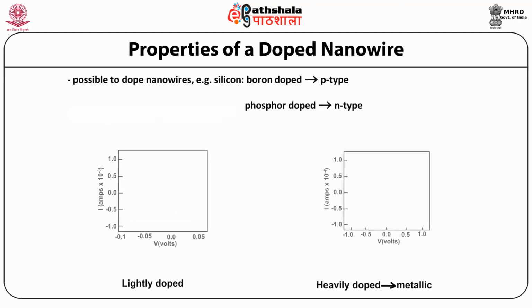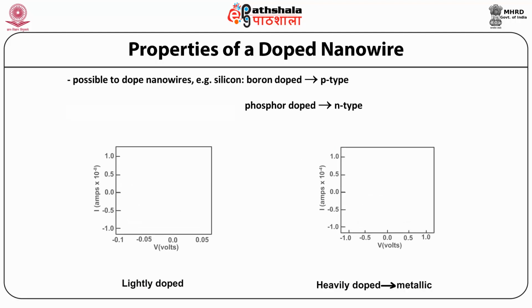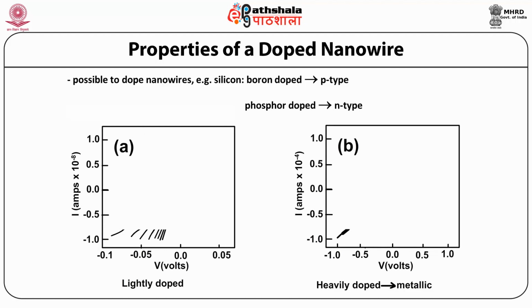The properties of doped nanowire. Here in this slide, I will discuss the properties, especially the electrical properties, of nanowires. One can change the electrical properties of nanowire by doping it with various dopant atoms, such as silicon and boron.